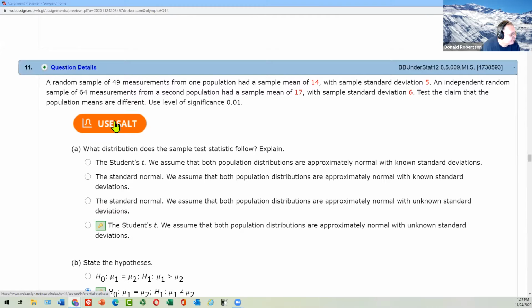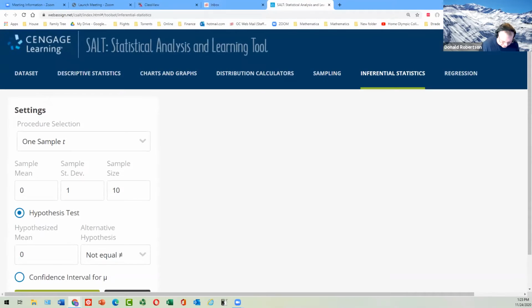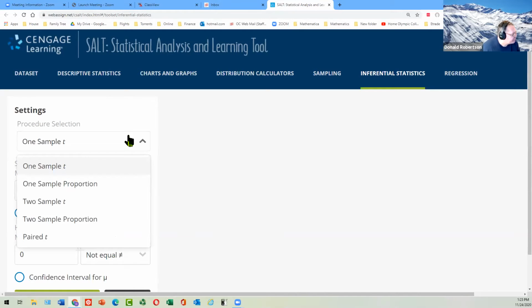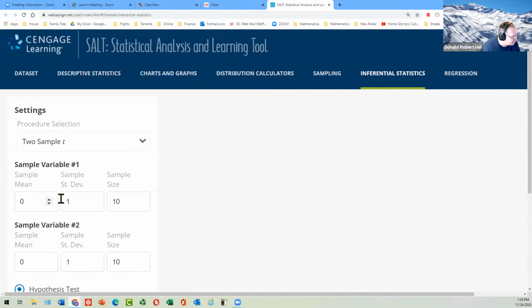Now I'm going to use SALT. And the reason I'm going to do that is because I need to find my p-value and my t-value. So I'm going to click on this fella. I'm going to go to sample. The first one had a mean of 14. It had a standard deviation of 5.